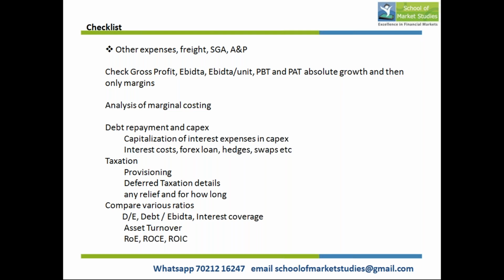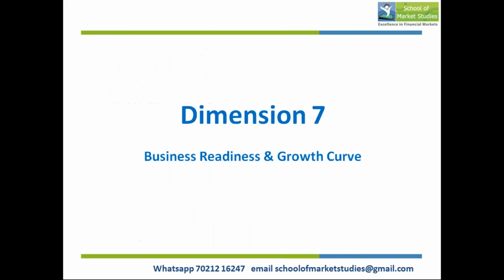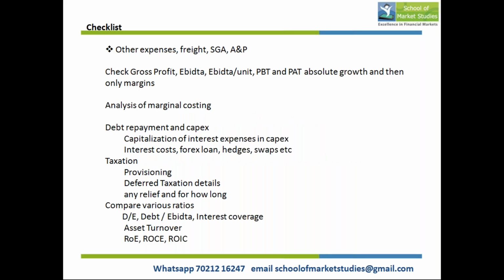Then you also need to compare various ratios. You look at debt to equity, debt to EBITDA, interest coverage, asset turnover ratio, ROE, ROC, and ROIC. So these are your return ratios that we talk about. So all this kind of analysis when you do on an existing business will make you a complete assessment of what the business was and what it is going to do going ahead, right?